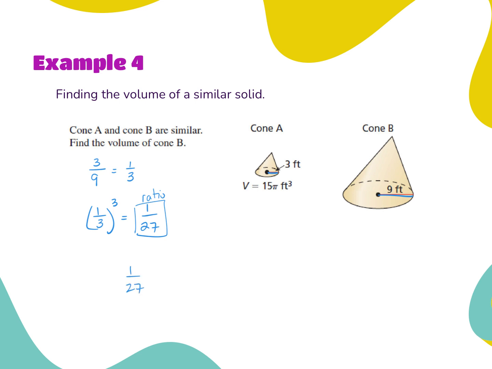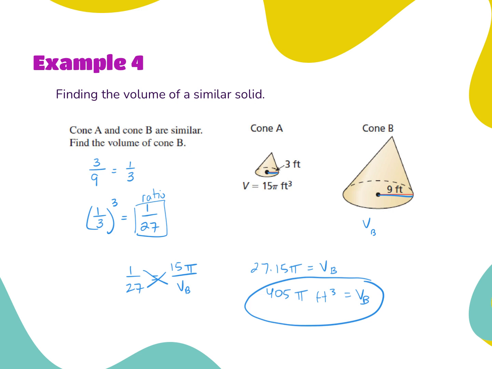So I know the small volume is going to go on top, and the large volume here, volume of B, is going to go at the bottom. So if I do my cross products, I should get my volume of B. So I'm going to get 27 times 15 pi equals the volume of B. So 15 times 27, and I'm going to get 405 pi feet cubed is my volume of cone B. And that's the answer.